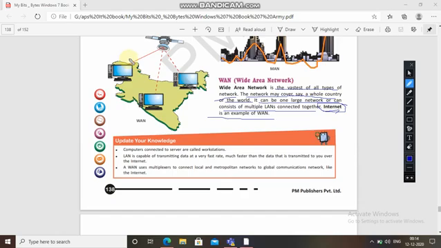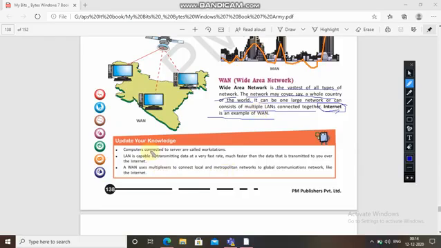And MAN is, as compared to WAN, faster, and slower than LAN. So LAN covers only a building, a small area, 100-200 meters, or you can say 50 meters also. If we talk about the MAN, it covers a city, and WAN covers the whole country.